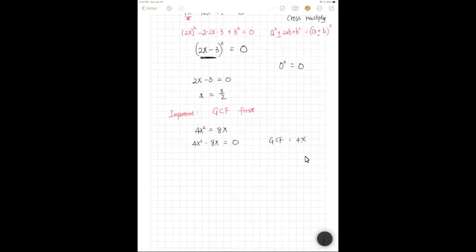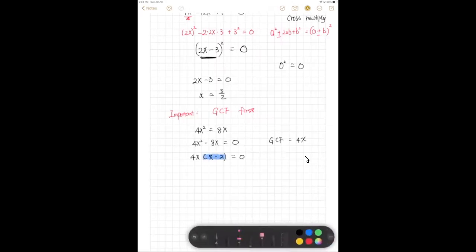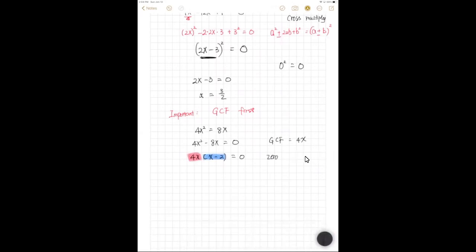It's 4x, right? So now I factor the 4x, I have x minus 2 is equal to 0. So now you already see two factors. One is x minus 2, and then since it's times 4x, that means we can apply our zero product rule.